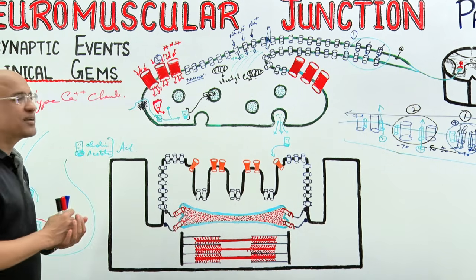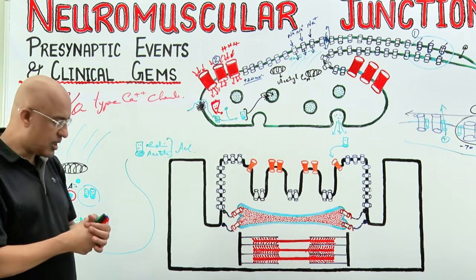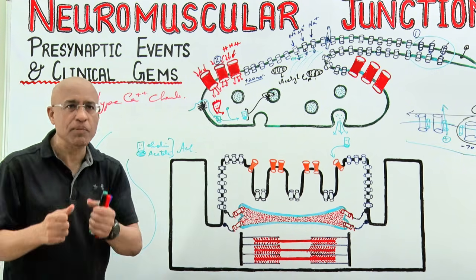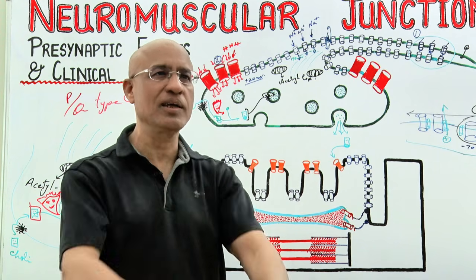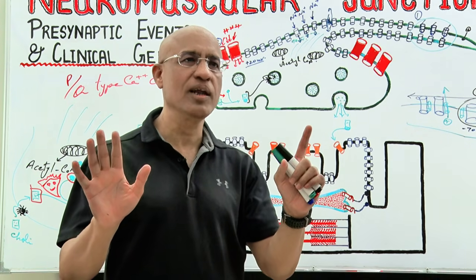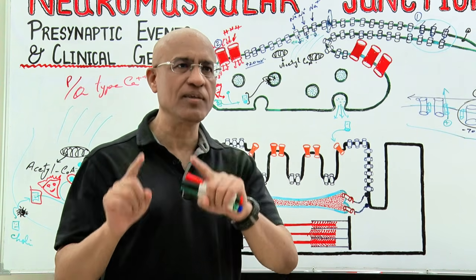Now, how exactly does it occur? What is the molecular machinery for this? How can calcium do this? Calcium is not like a pump that will come and push the vesicle towards the membrane. Calcium will just give a signal that the action potential has arrived.